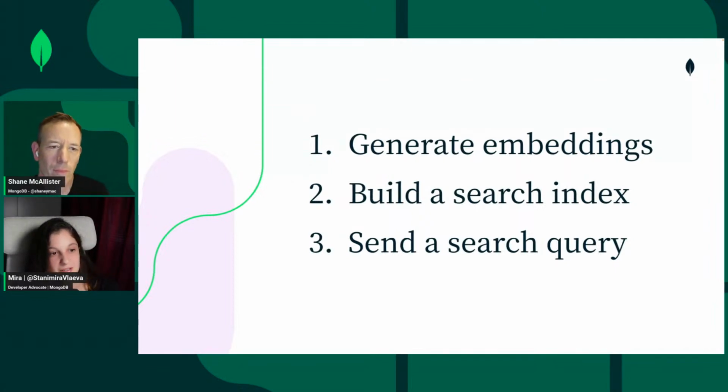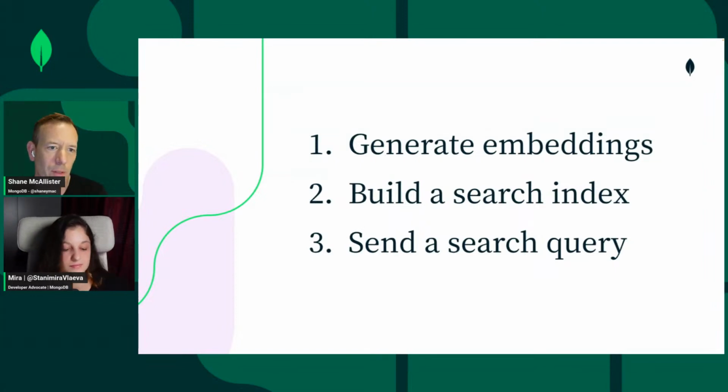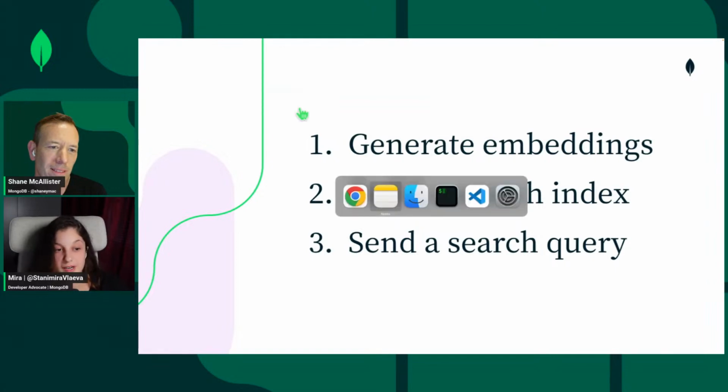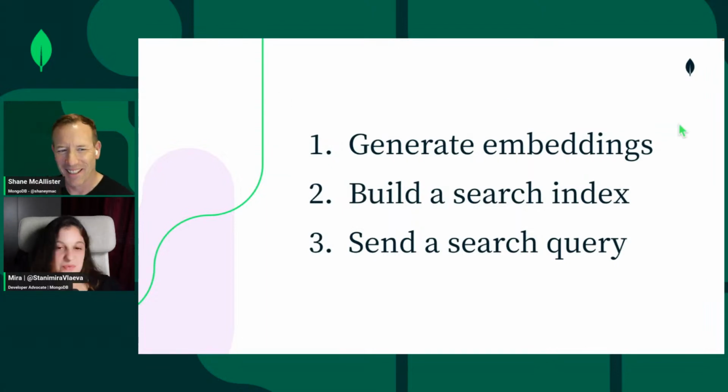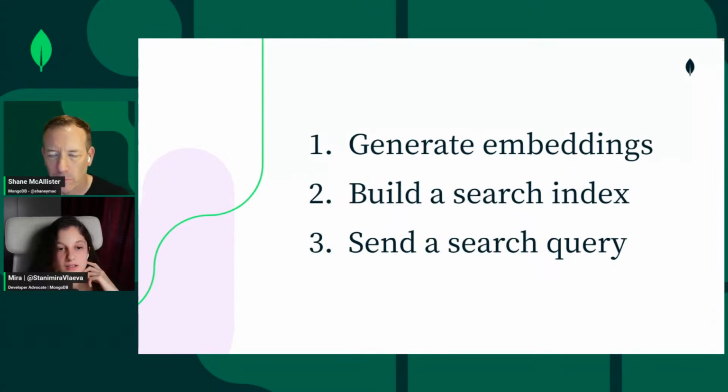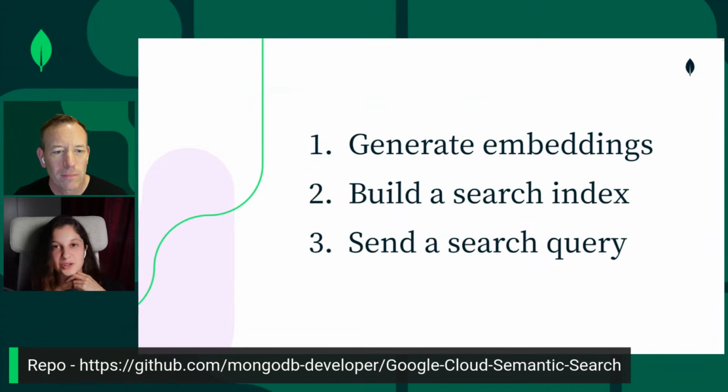Yep. So we're going to get an opportunity to run through some of these 3 steps now, Mira. Yeah. I'm not going to do any live coding today, probably thankfully for everyone here. But we're still going to see some code. And we also have the demo that I showed in the beginning in a GitHub repo that is publicly available and has very elaborate steps on how to run it.